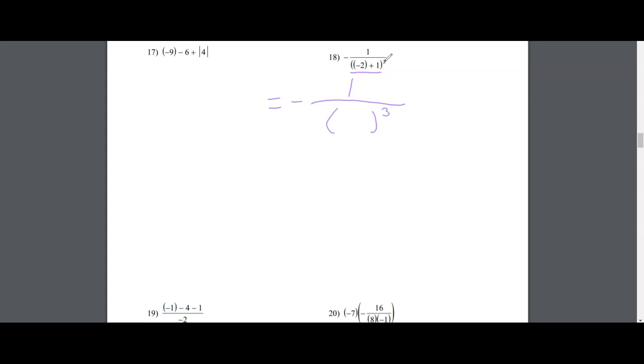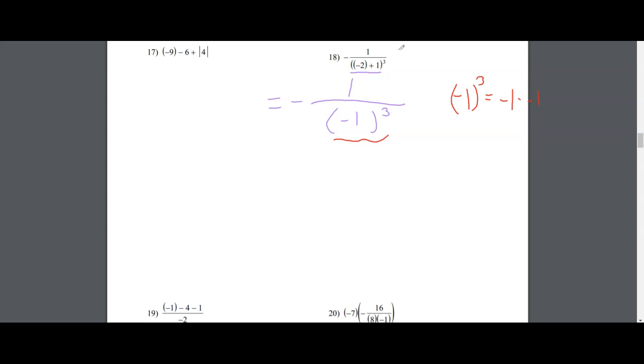Inside the parentheses, we have -2 plus 1. That is going to give us -1. I'm going to do this exponent expression off to the side. This time our exponent's 3. So -1 cubed is equal to -1 times -1 times -1.